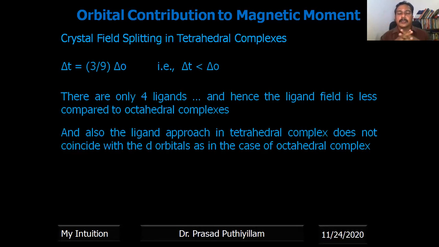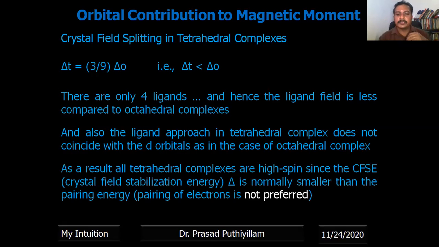Even the arrangement of orbitals, they are not pointing towards the charged ligands. Therefore, the energy contribution from repulsive force is less than what we saw in the octahedral complex. For example, the dz2 orbital points towards the charged ligand, but such cases are not there in the tetrahedral complex.